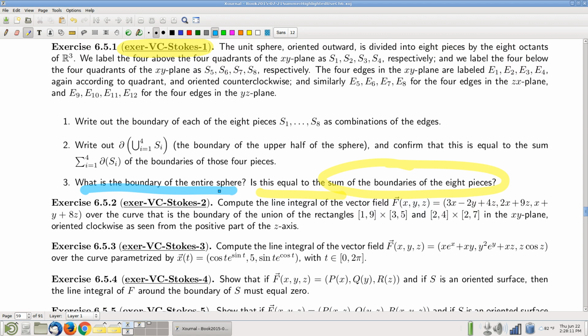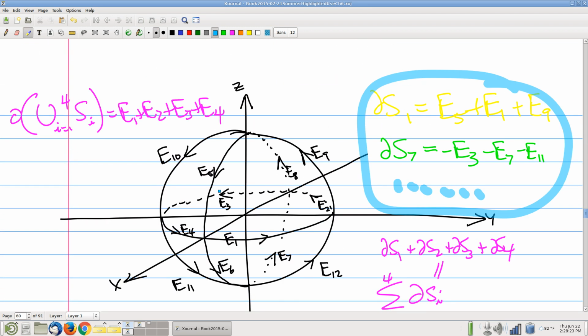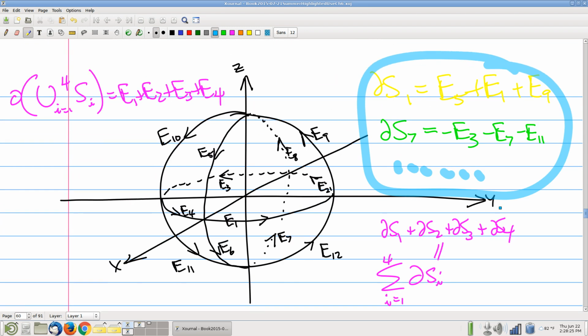Yeah. Could we, using the lower half of the sphere, calculating that boundary, if we added those together, would then create pretty much the same exact thing? Well, yeah, sure. So you've already computed the sum of the first 4. If you wanted to take the sum of the first 4 that you already know, and then take the sum of the other 4 and add that, then that gives you the sum of the 8 individual.